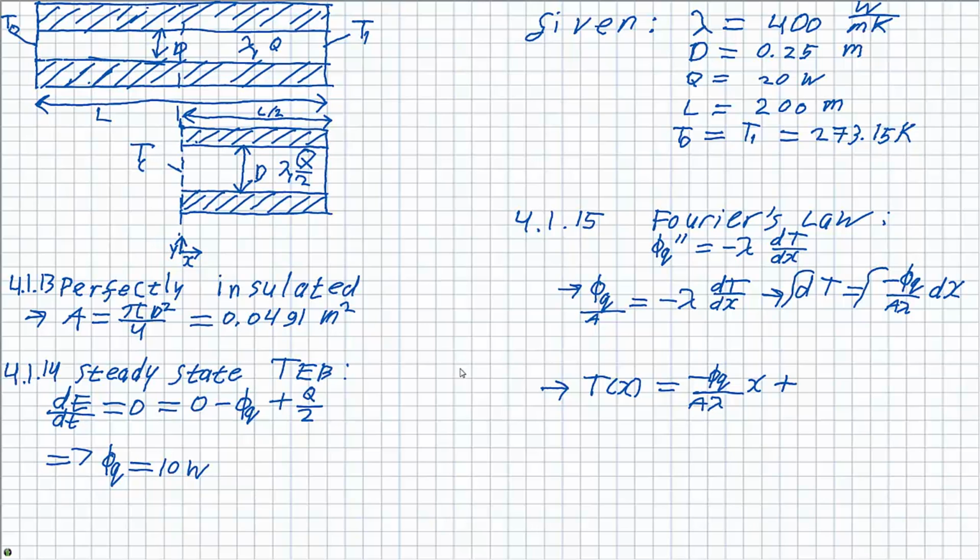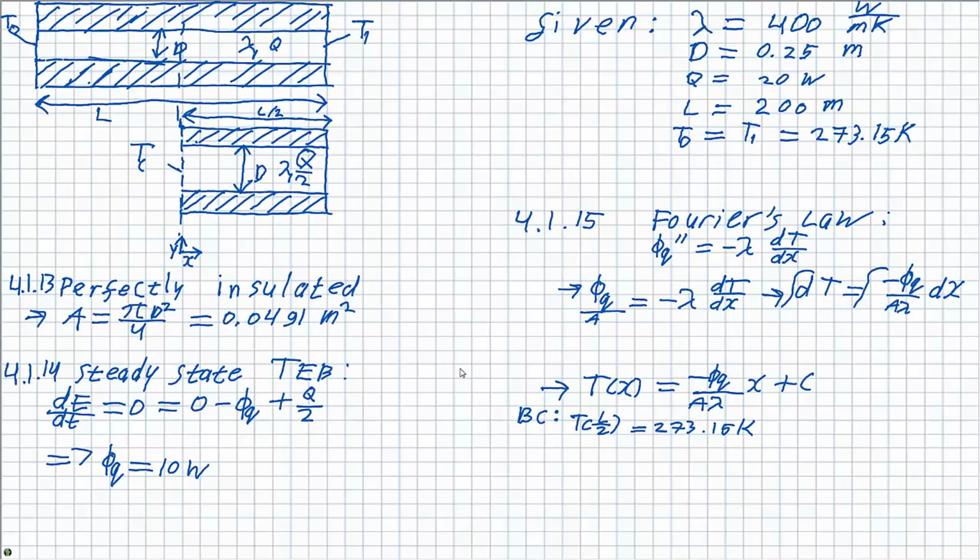As boundary condition, we had that the temperature at x equals half of the wire length. Remember, x is 0 was at the middle of the wire, and so x equals half the length is the end of the wire, and the temperature there was 273.15 kelvins.